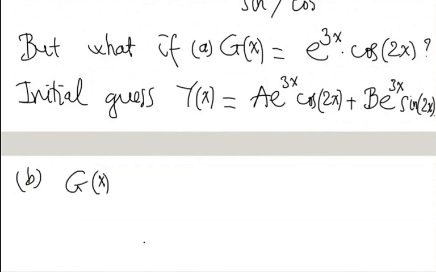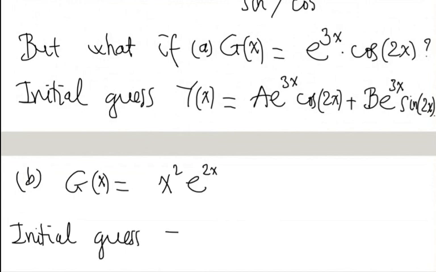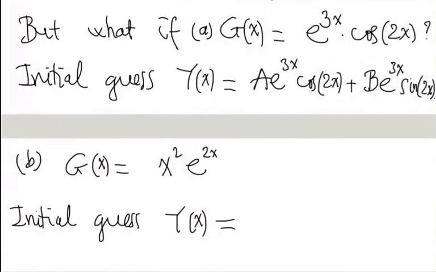So if we look at another case, say g of x is x squared e to the 2x, then what should be our initial guess? Now, I'm just writing down the initial guess, but we need to check, right, if the initial guess has part of y1 or y2.